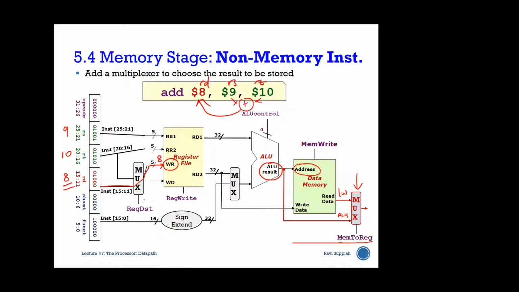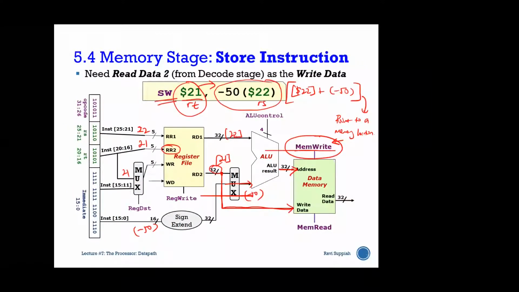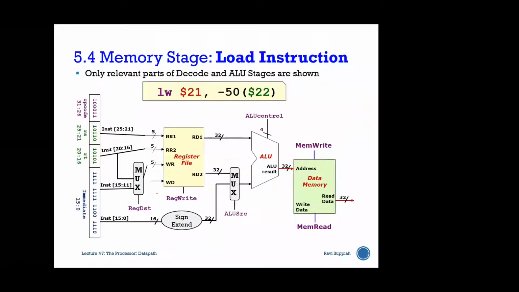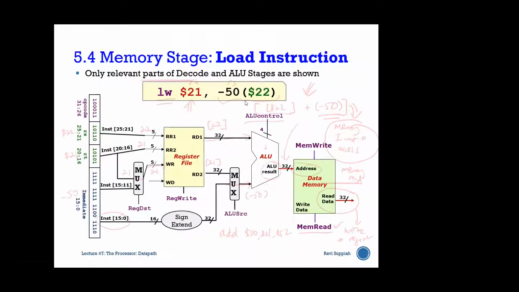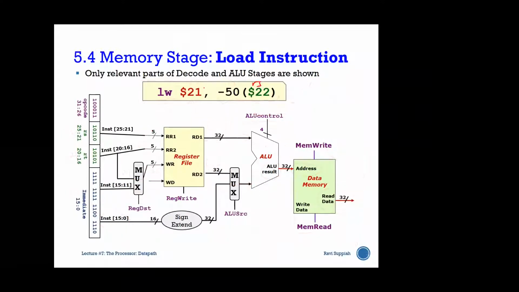Coming back here, if I look at the load word instruction, again this is RS, again this is RT, and this is the register I want to write back to. That means the WR, this location here, should have the value of 21.